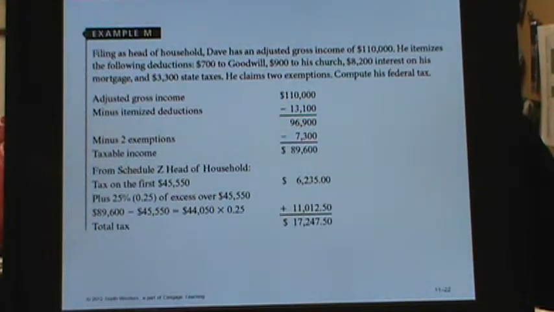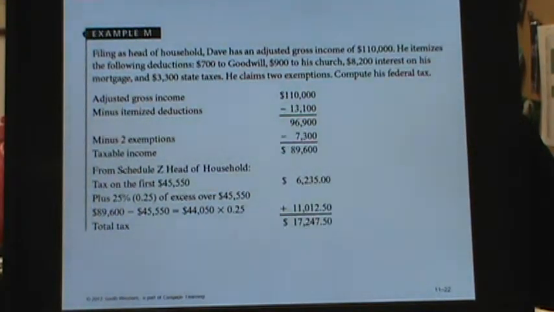So we take his adjusted gross income, subtract his deductions, and we get $96,900. Then we subtract his exemptions, which add up to $7,300 based on the schedule, and taxable income is $89,600.